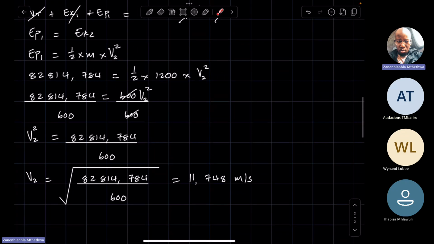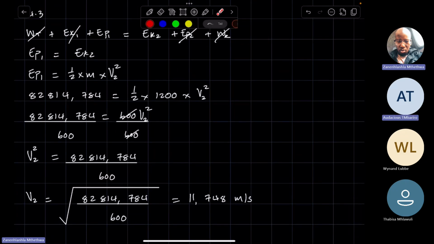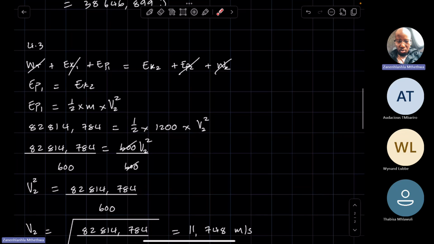Now, here it is important to note that when there is no force being applied for the object to start moving, and also the surface is frictionless, so there's no friction and no force being applied, the potential energy at the top will be equal to the kinetic energy at the bottom.